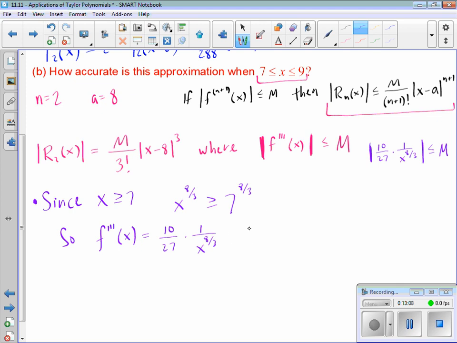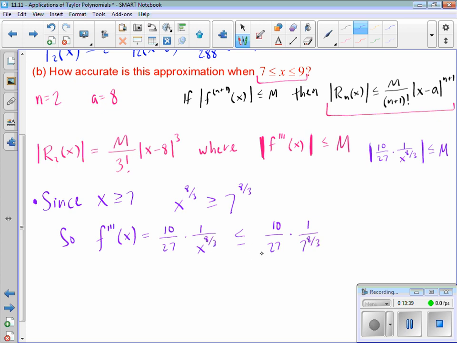So we're going to fill in the blank here to 10/27 times 1 over 7 to the 8/3. It's going to be smaller. Why? Yeah, because the denominator is bigger, right? So the denominator here is bigger, making it smaller. Or could equal, yep, if it was at 7.